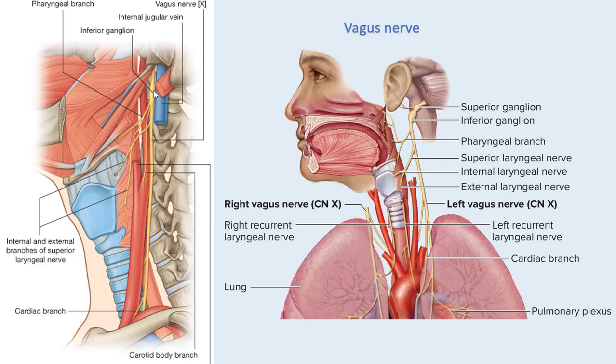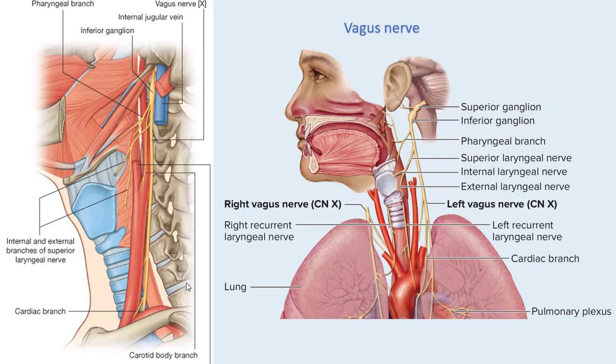The fibers of the vagus nerve consist of efferent or motor fibers and parasympathetic fibers, and afferent sensory fibers. In the neck, the vagus nerve passes into the carotid sheath, traveling inferiorly with the internal jugular vein and common carotid artery. At the base of the neck, the right and left nerves have different pathways.